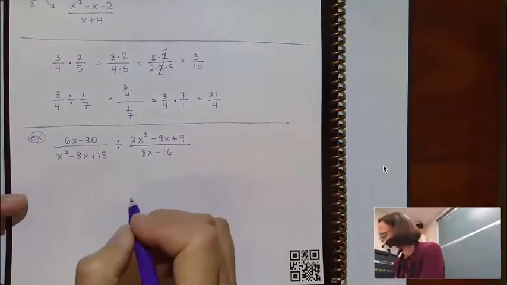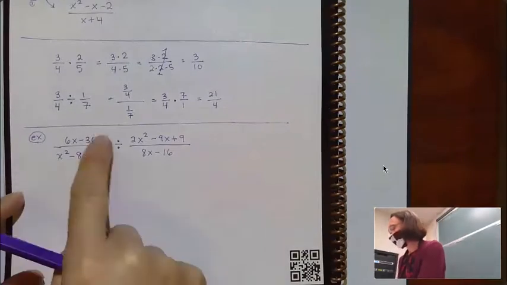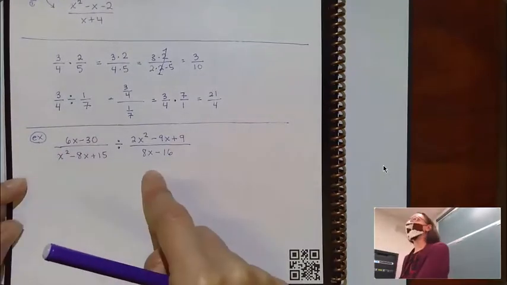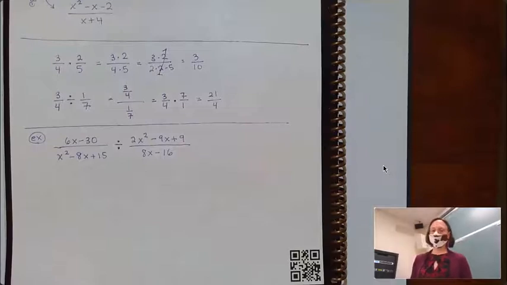This would generally look like this garbage, giant division bar divided by that garbage.